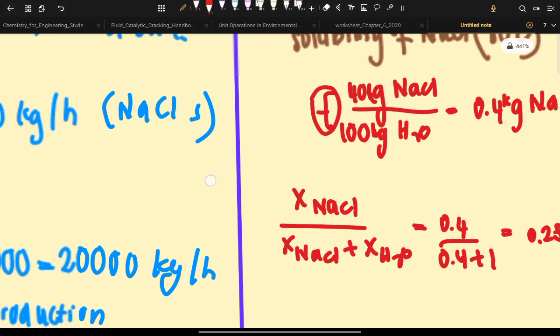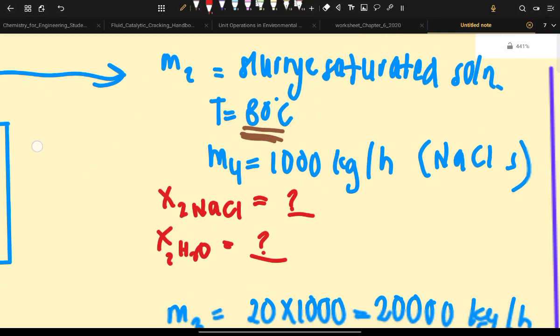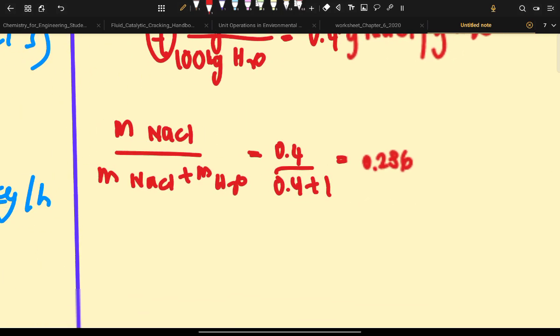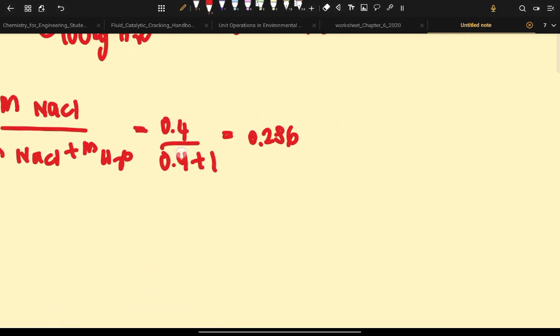Oh, sorry, I think I made something wrong here. Okay, it is actually M, because we want to find the mass fraction, right? So M. Okay, 0.4 over 0.4 plus 1, and then we get 0.286 kg NaCl over kg mixture.